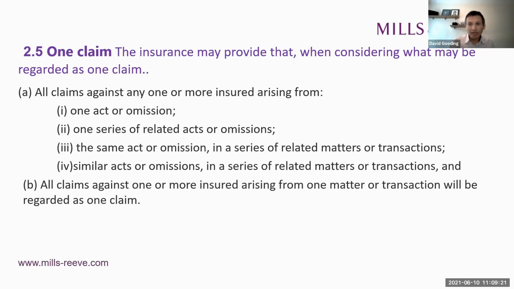Now, the insured argued that the fraud arose out of a series of related acts or omissions. This was on the basis that the modus operandi of the fraud was very similar, and it was this that made the acts fit together. My view was that wasn't enough, and insurers were successful.